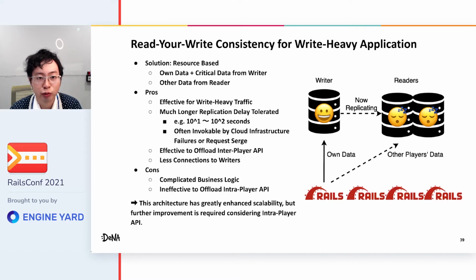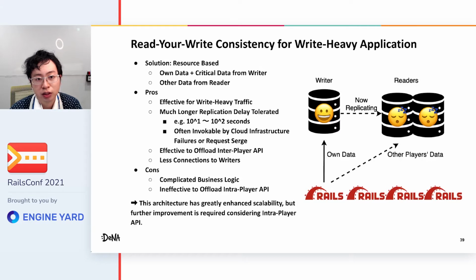This magnitude of replication delay is often invoked by cloud infrastructure failures or by request surge. This architecture is effective to offload inter-player API traffic because there are fewer connections to writers. The cons of this architecture are the complicated business logic and the ineffectiveness of offloading intra-player API.